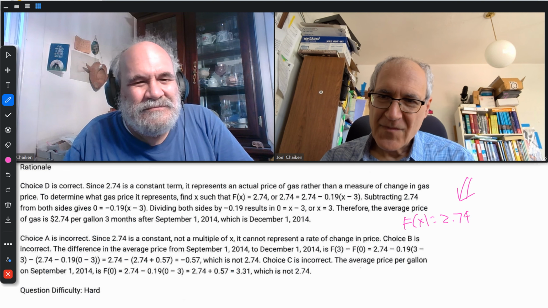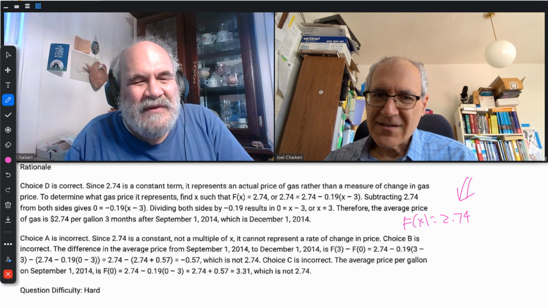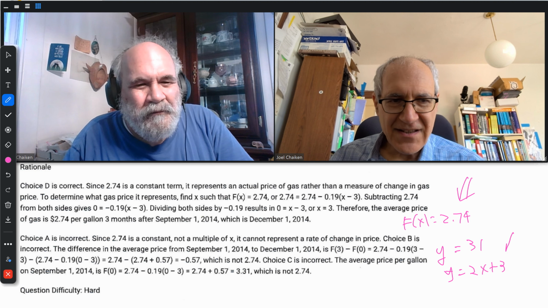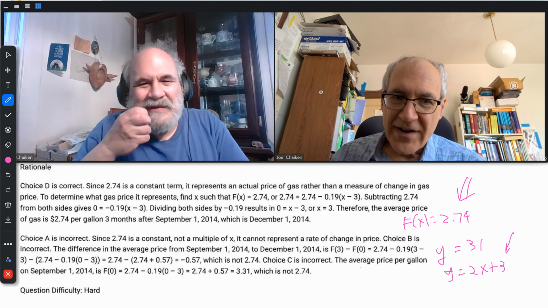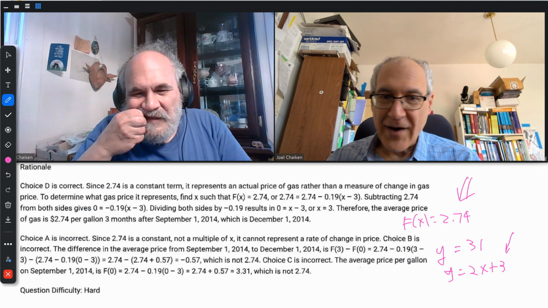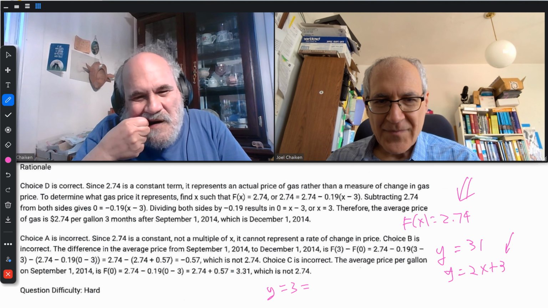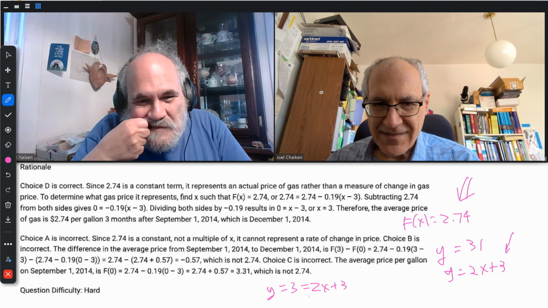Yeah. I mean, if you had this problem, y is equal to 2x plus 3, and they say, what's the significance of the 3? You say, okay, I don't know, I'm going to put y equal to 3 and solve for x. Oh, look at me, now I see x is 0.